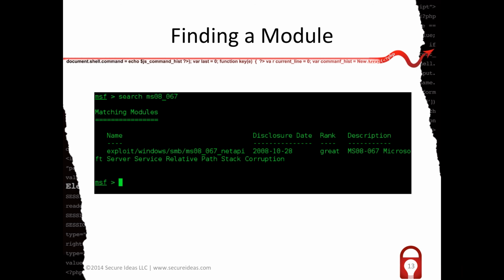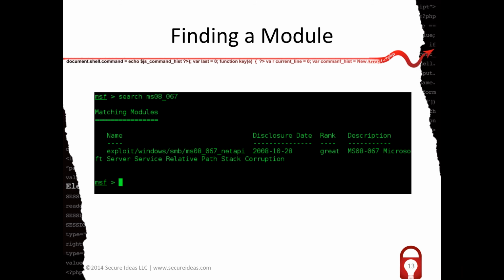So if you type in MS08-067, it's going to find it. If you type in it a different way, it's still going to find it. They do a pretty good job of helping you find what you're looking for. In fact, if you type in MS08, you'll get a list. I don't remember how long it is, but you'll get a list of exploits that you could scroll through and find the specific one you're looking for.